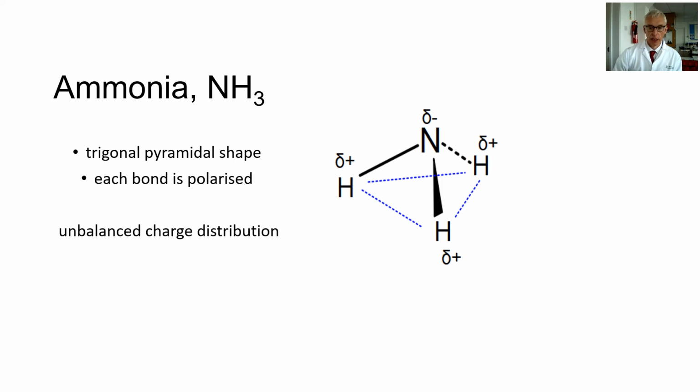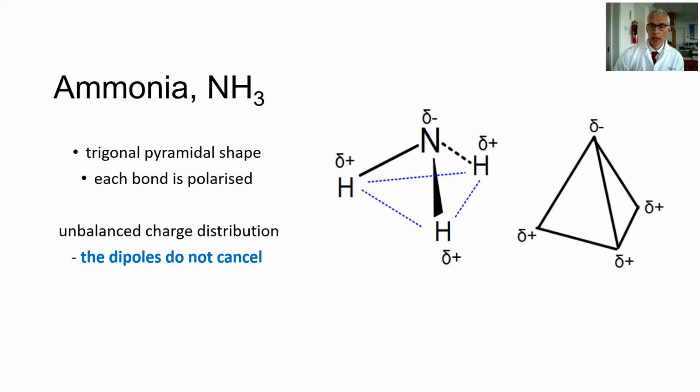So I would claim, or deduce, that there is an unbalanced charge distribution within the molecule. The dipoles, therefore, do not cancel. Just to reiterate, if we draw a trigonal pyramid, we see delta minus at the top, delta plus at my 3 points at the bottom. We can confidently say that ammonia is a polar molecule.